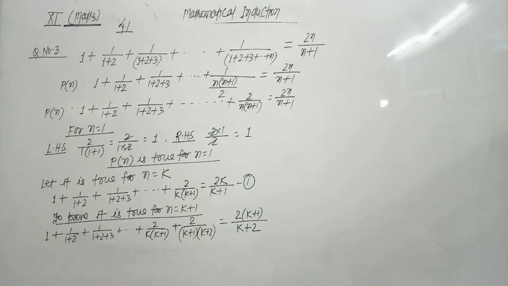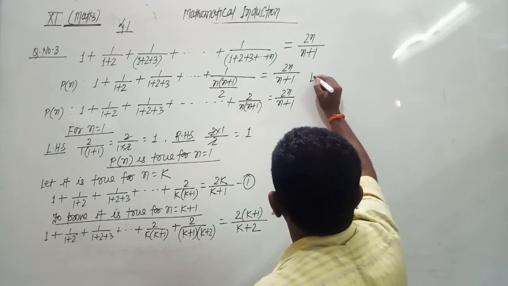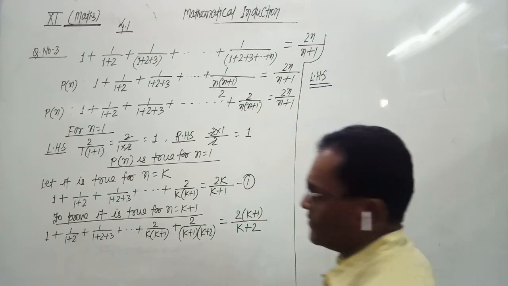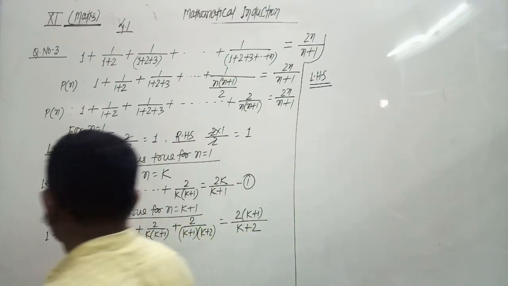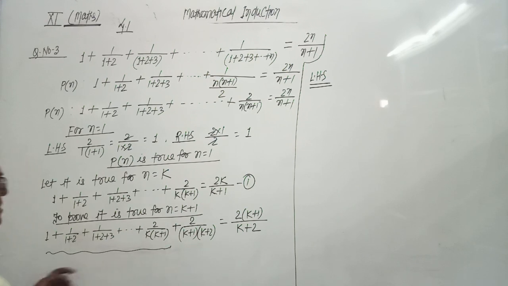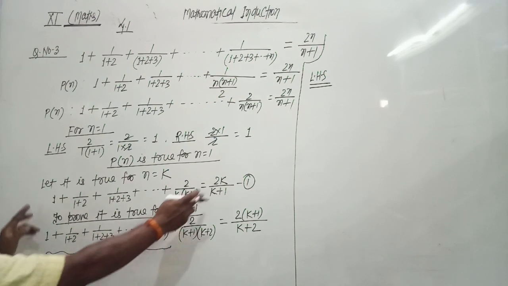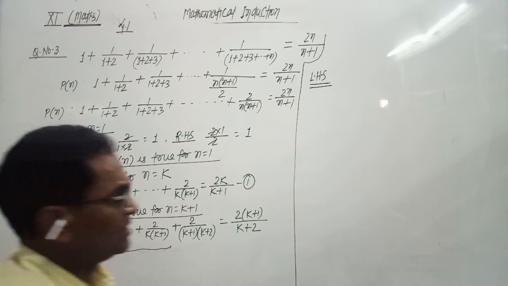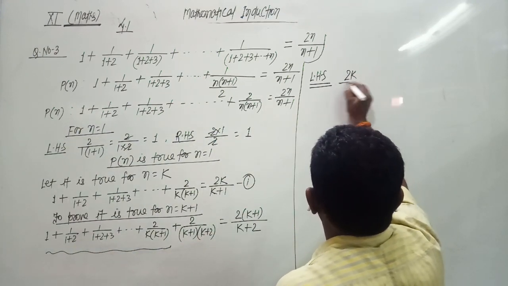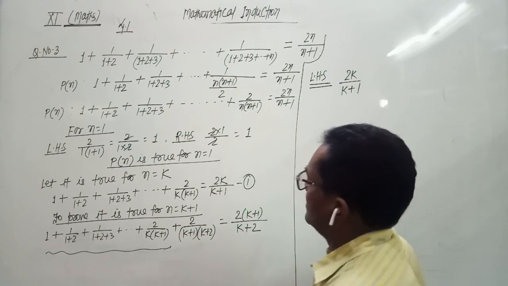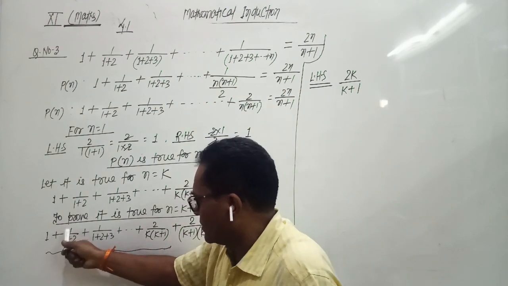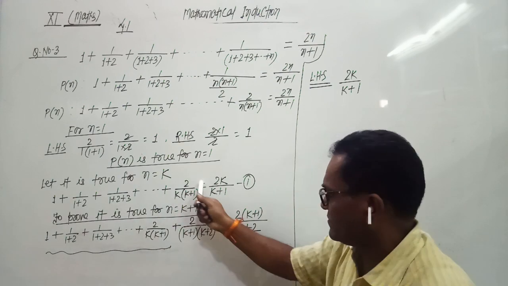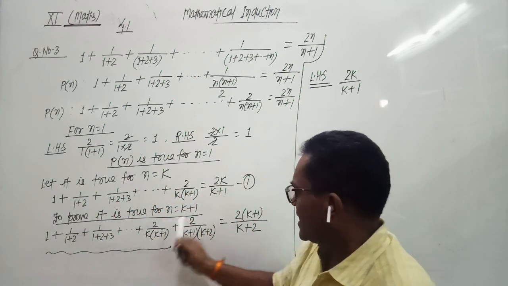So we solve LHS, and for LHS, up to the term 2 upon k into k plus 1, from the first equation, we can write 2k upon k plus 1.